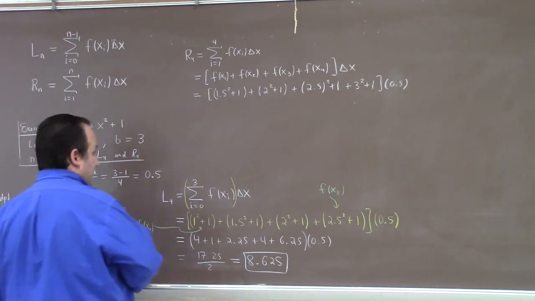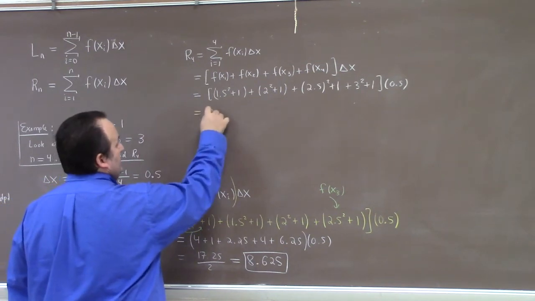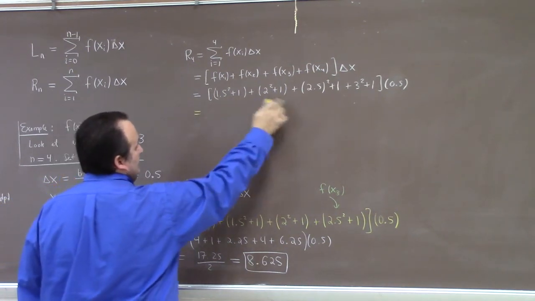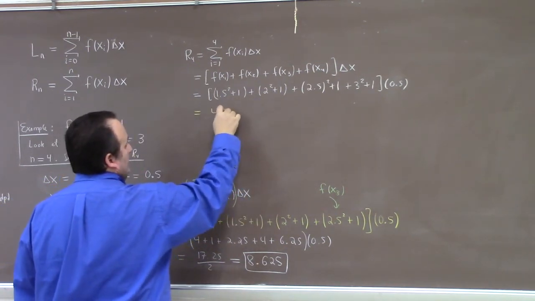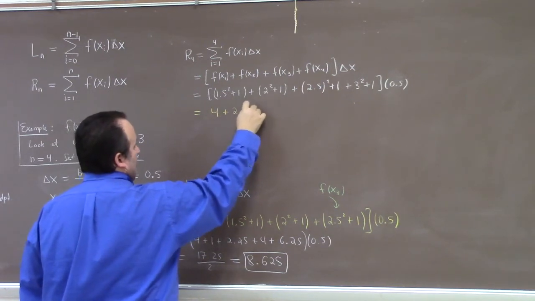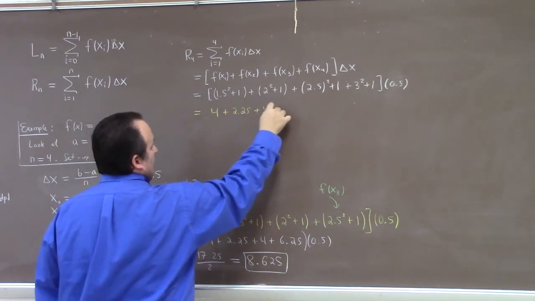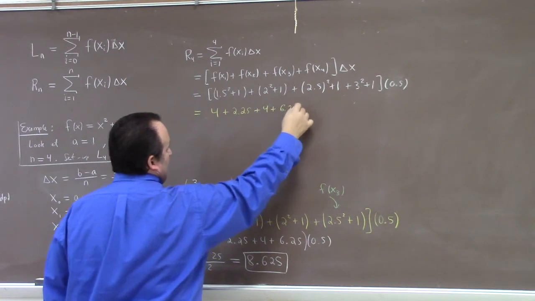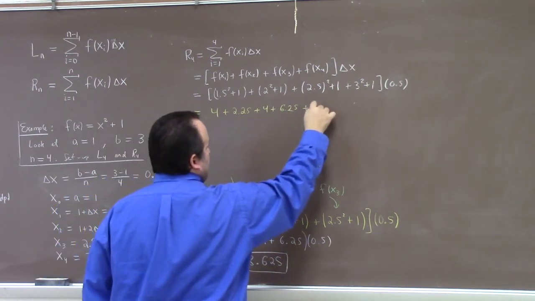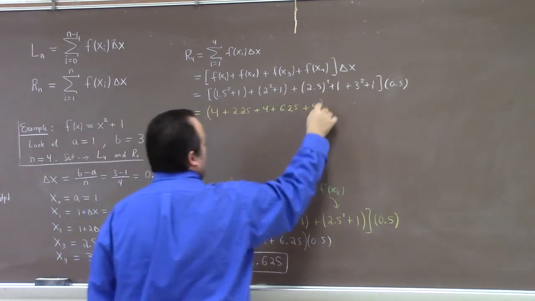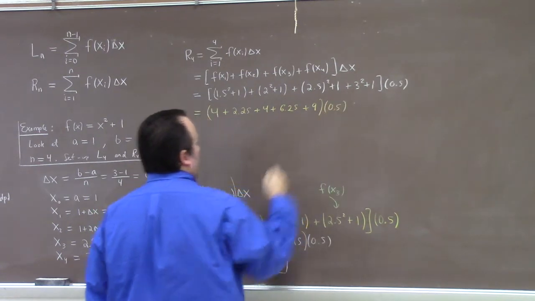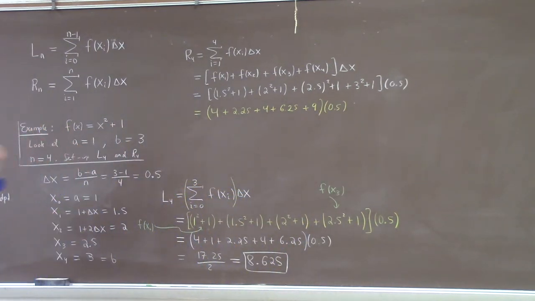So like the arithmetic here, how many ones do you have? 1, 2, 3, you've got 4 ones. So I get 4 plus 2.25 plus 4 plus 6.25 plus 9, all times 0.5. So that's 13.